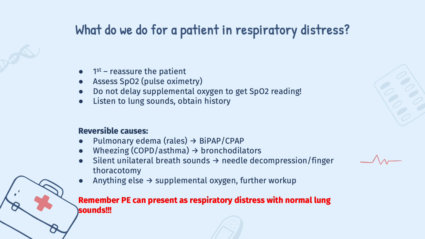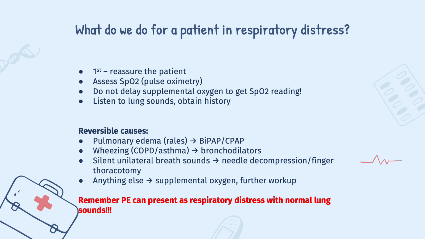If we have silent unilateral breath sounds, do a needle decompression. If you've got point of care ultrasound, have a quick look and see if there's any lung sliding, and palpate the skin around the chest, feeling for any subcutaneous air, which feels like Rice Krispie crackling.